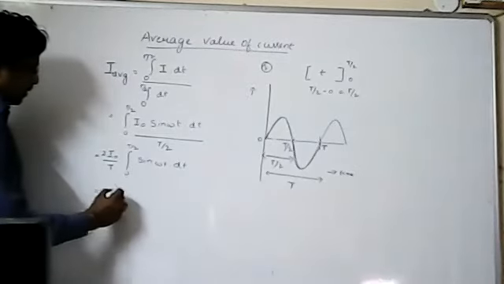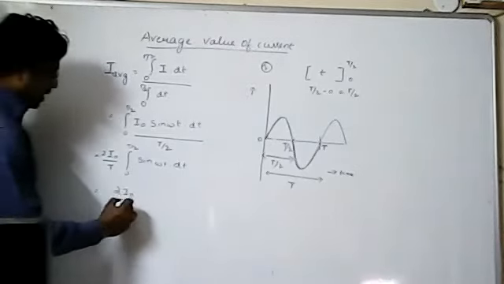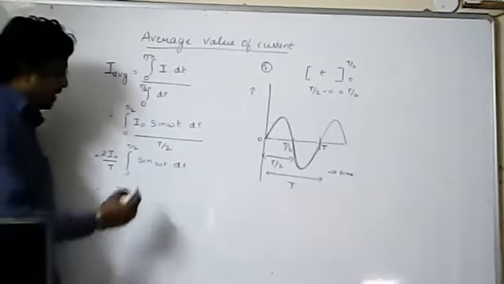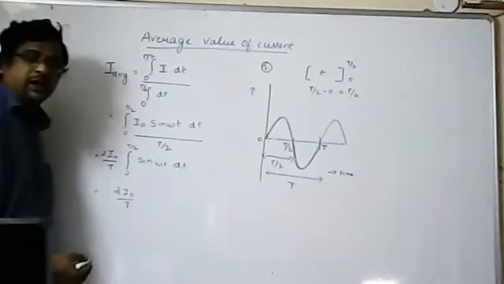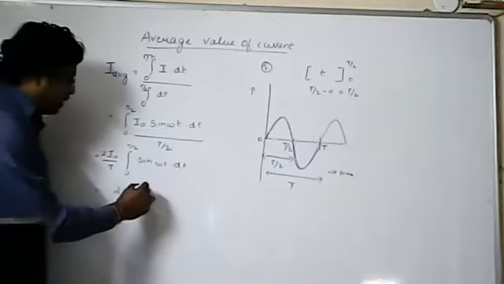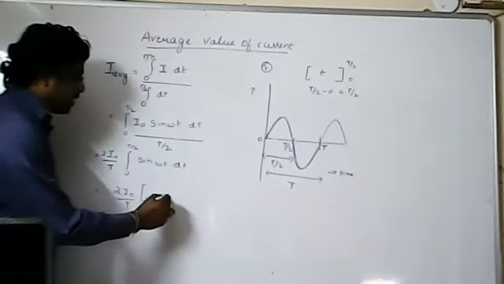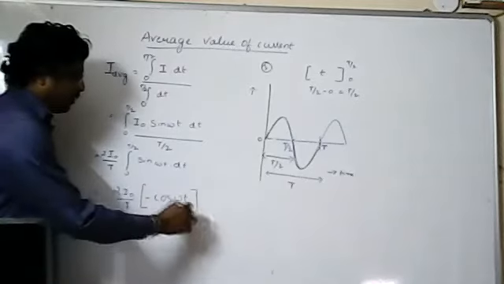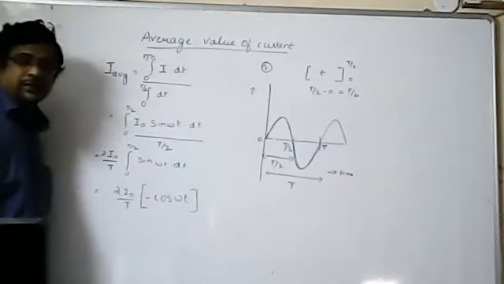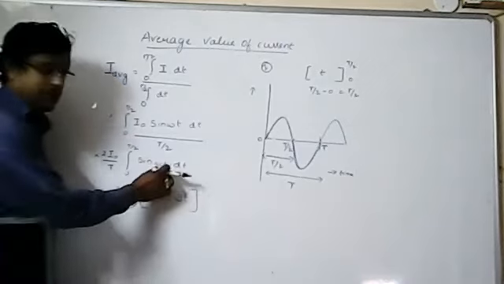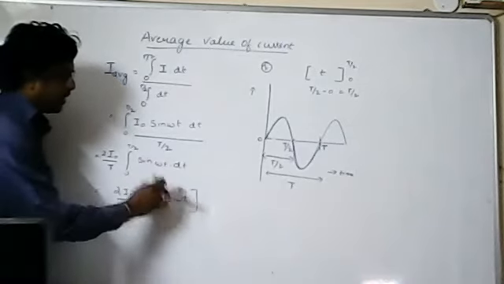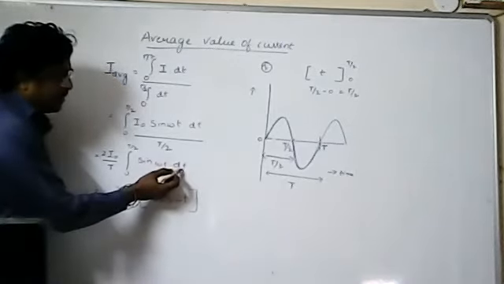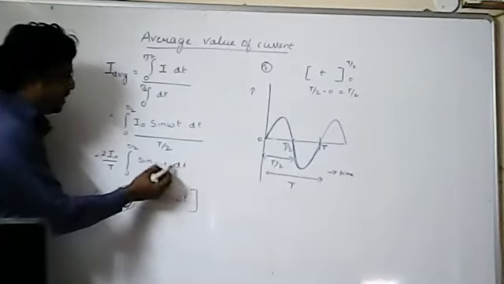Now, 2 I naught by T, what is the integration of sine theta? Minus cos theta. What is theta? Omega t. So it is minus cos omega t, and it is integrated with respect to what? dt.